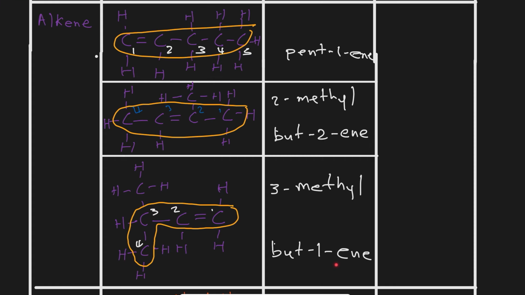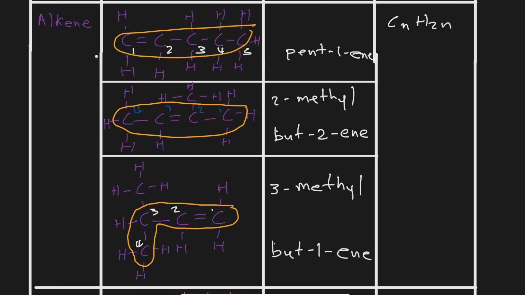Remember, we also talked about isomers. We said all these things here are alkenes, and alkenes have the general formula CnH2n. For the same number of carbons, if you look at this alkene here, we have 1, 2, 3, 4, 5 carbons. In this one, we have 1, 2, 3, 4, 5 carbons. And also in this one, we have 1, 2, 3, 4, 5 carbons.